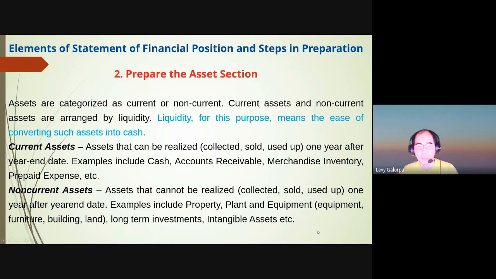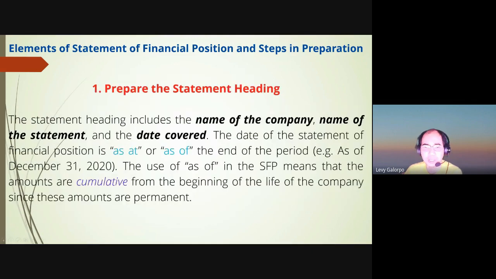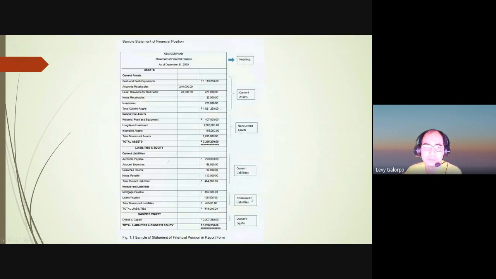Okay, so number 2, the second step, prepare the asset section. Assets are categorized as current or non-current. Balikan muna natin. Nakita nyo, we have current assets, non-current assets, we have also current liabilities and non-current liabilities.